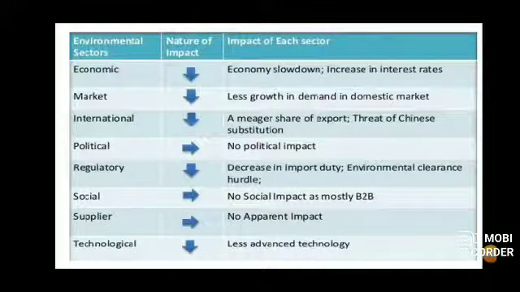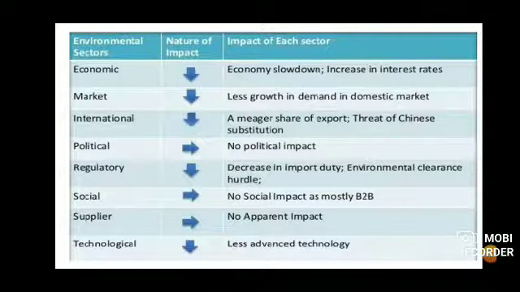Talking about the international sector, whenever you have a mere share of export or there is some threat of Chinese substitution or a threat from any other product, the market is expected to go down, because whatever production you will have at the domestic market is going to be hampered ultimately.